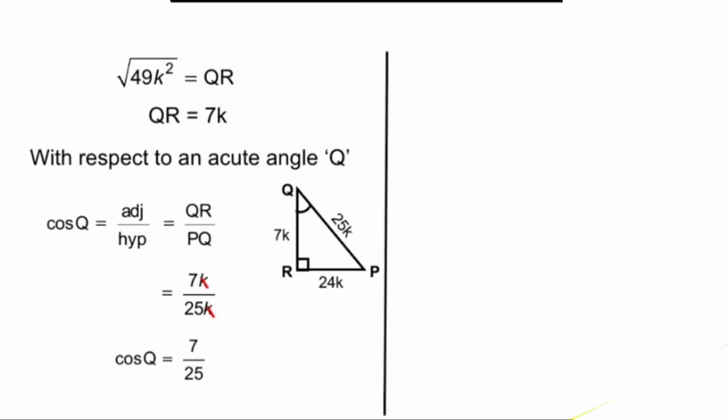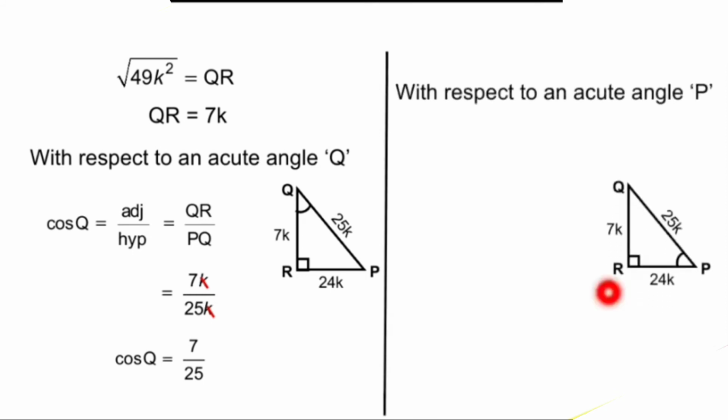Next, now let us find the values of sin and cos with respect to the acute angle P. We know that sin is defined as opposite side by hypotenuse, which is equal to QR by PQ, since QR is the side opposite to the acute angle P and PQ is the hypotenuse.